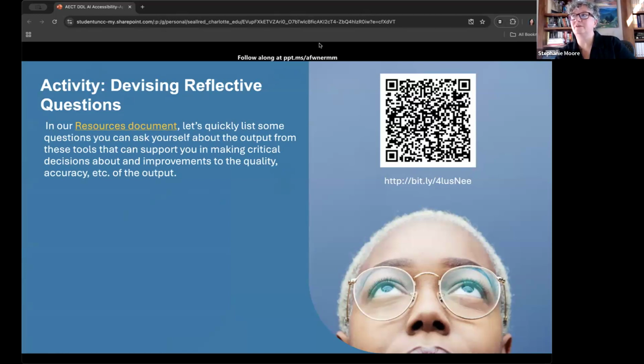Beth has put the link back over there in the chat. Thank you so much, Beth. So it's the same one that we've been going to throughout. In there, let's add some examples of reflective questions that we can ask related to our use of generative AI for accessibility.